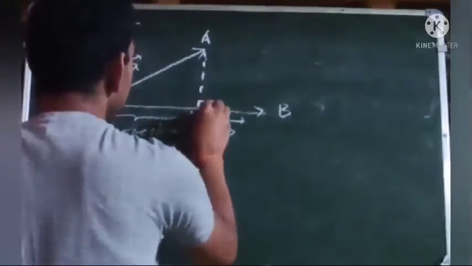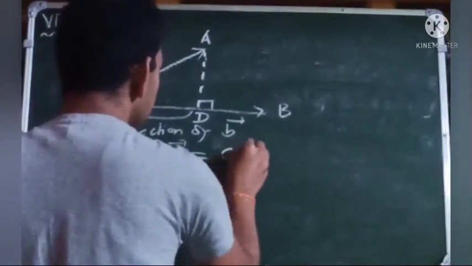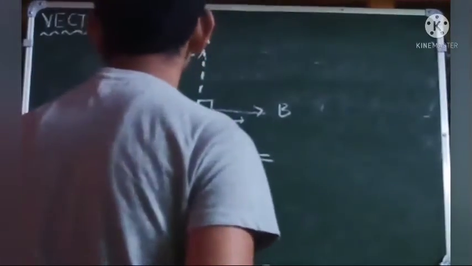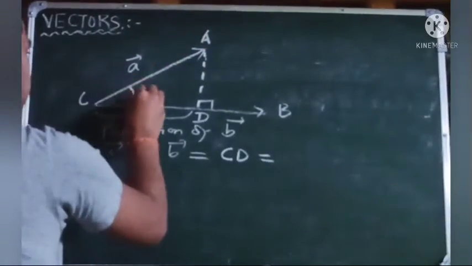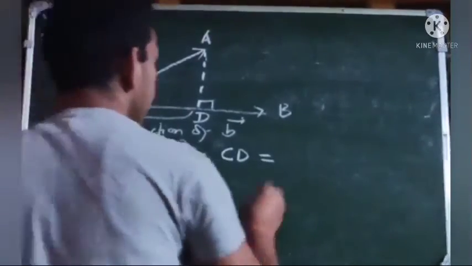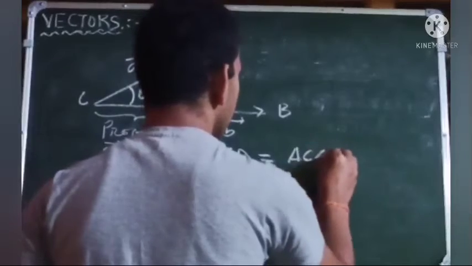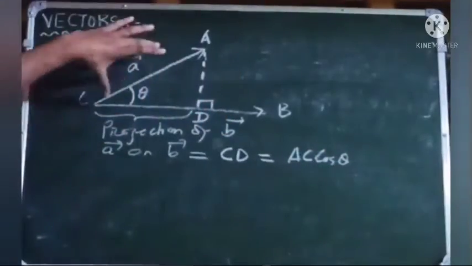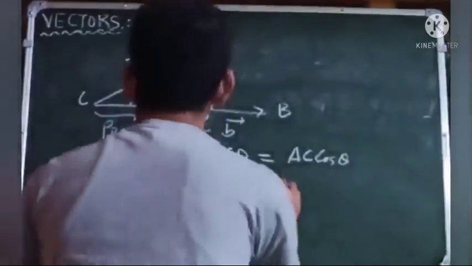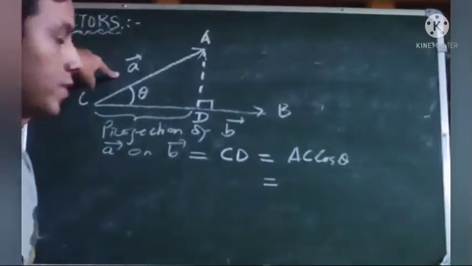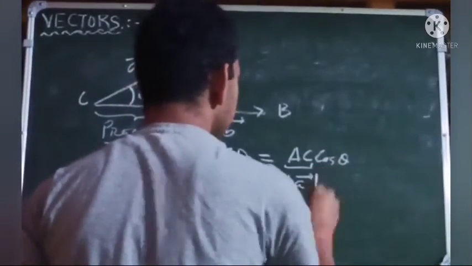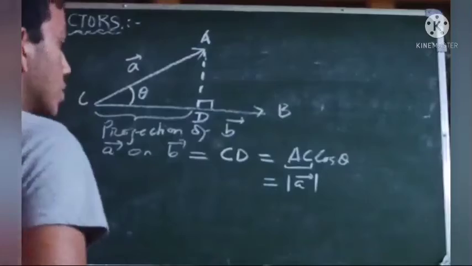Suppose this point is D, then it is equal to CD, and suppose this angle is theta. Then CD will be AC cos of theta, because AC cos theta is going to be CD. Now here AC is the magnitude of a vector, so in place of AC we can write magnitude of a vector multiplied by cos of theta.